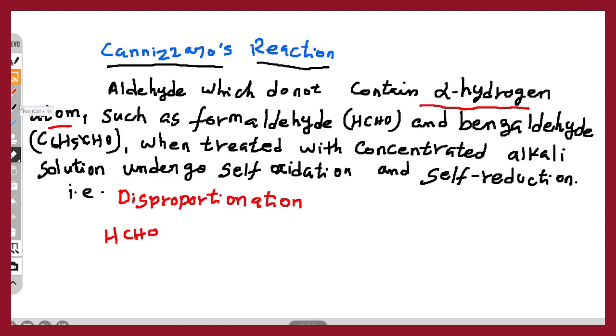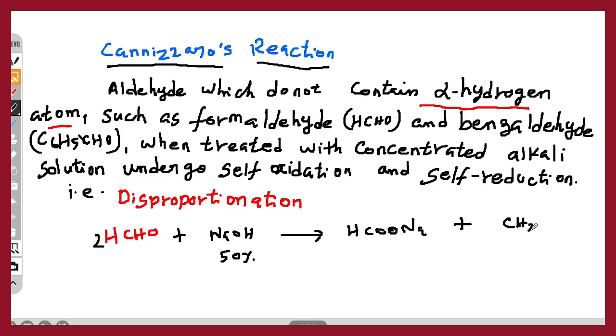I am going to write the chemical reaction of the aldehyde. 2 moles of formaldehyde react with sodium hydroxide to give HCOONa and CH3OH. This is formaldehyde.